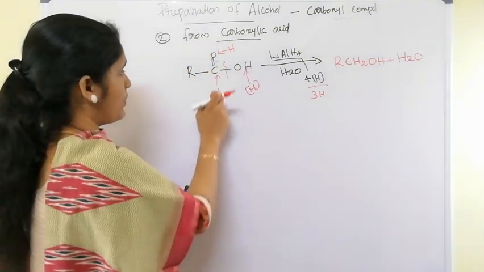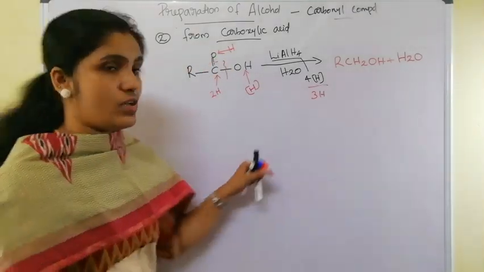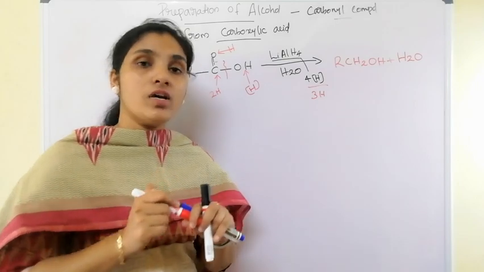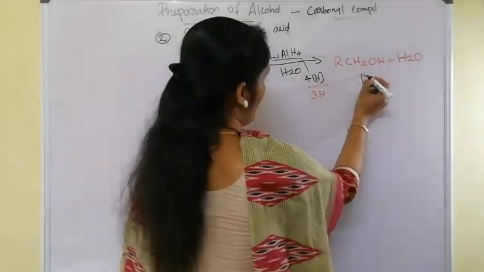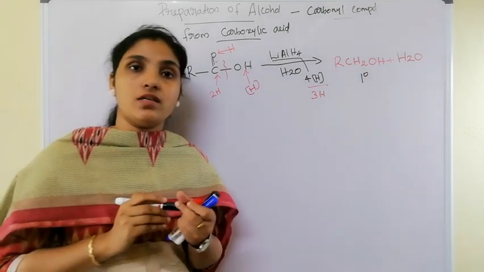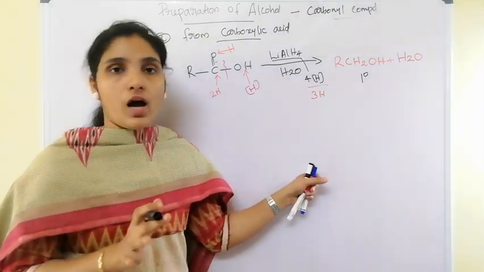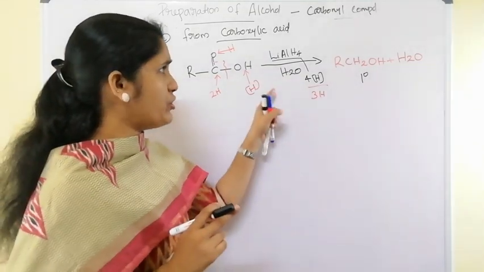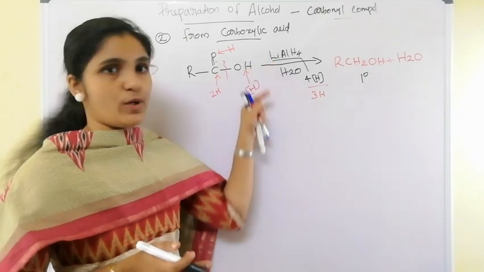R, this carbon gains 2 hydrogens, therefore RCH2OH. That means carboxylic acids will give primary alcohol. Carboxylic acid on reduction gives primary alcohol. And for the reduction of this carboxylic acid, we have used lithium aluminum hydride.